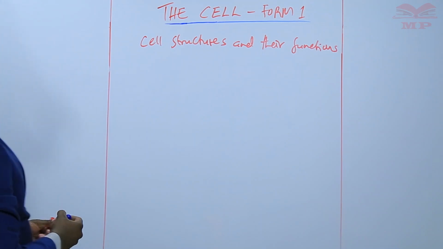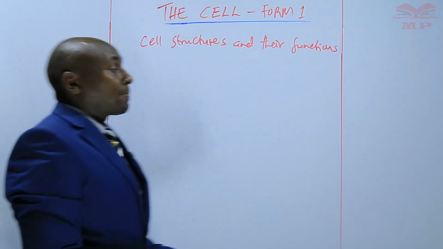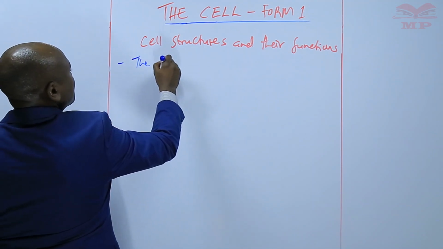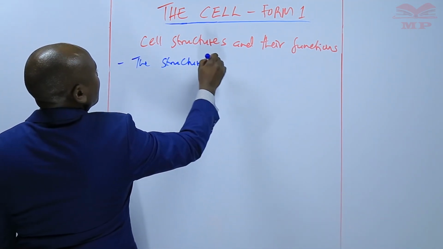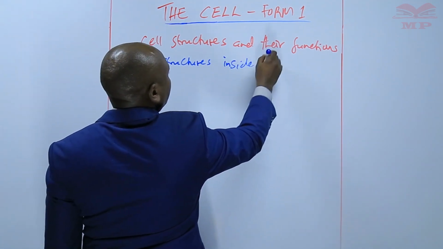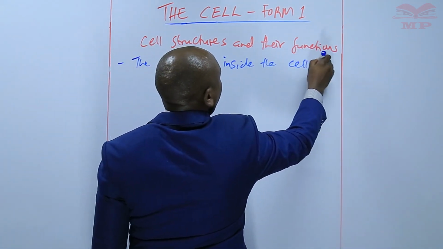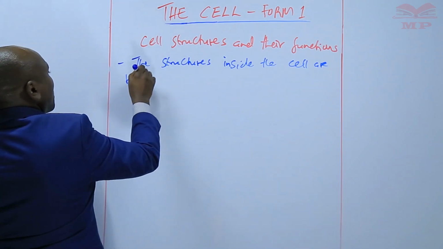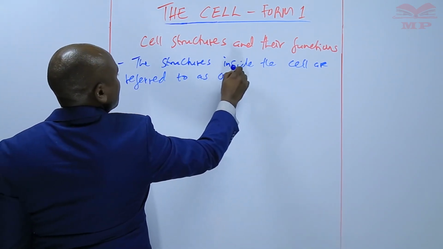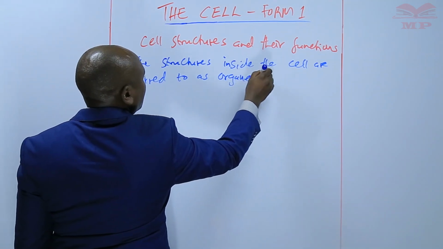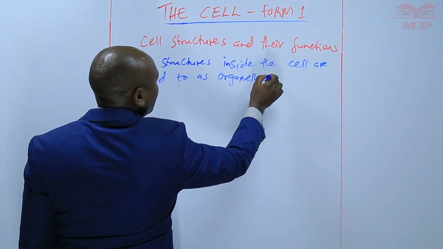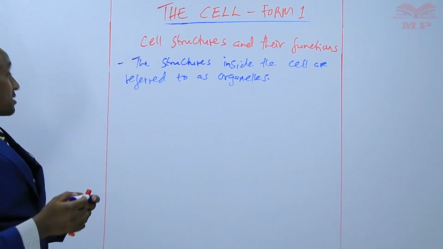The first thing that we will mention here is that the structures inside the cell are referred to as organelles. So we have various organelles within the cell.